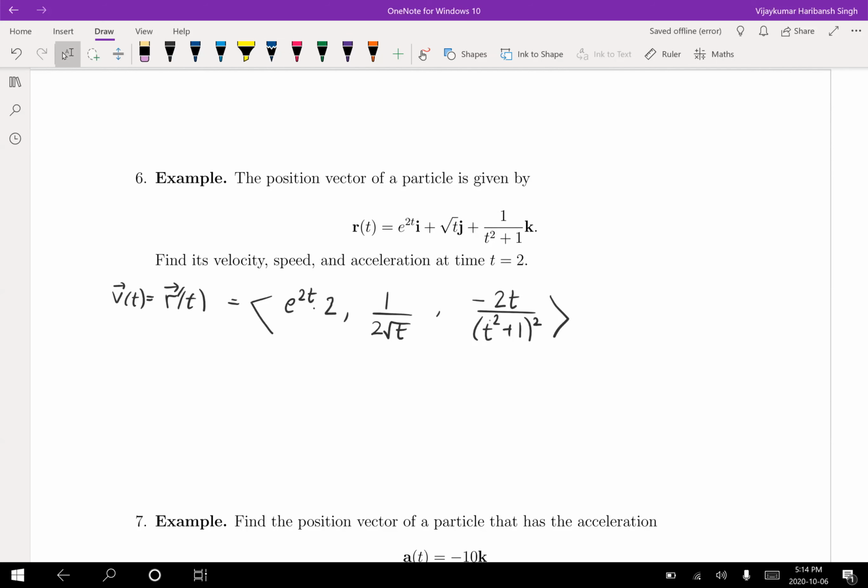Now we want to compute the second derivative. First, this is a velocity. So what is the velocity at t equals 2? It's going to be simply v of 2.